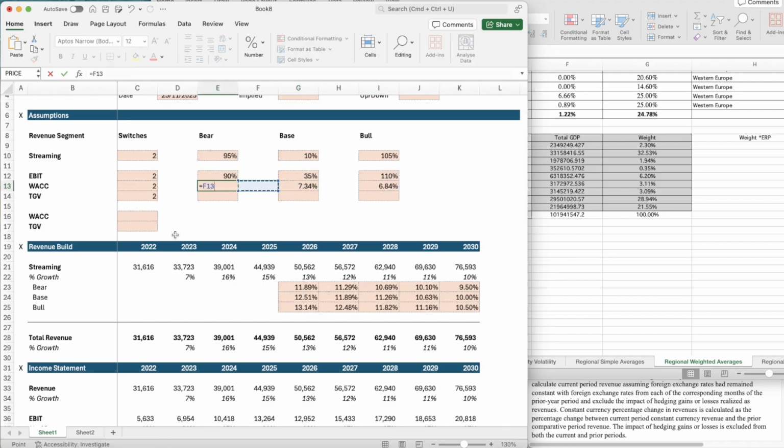For the bear, you add 0.5%. The higher the WACC, the greater the risk. Then 2.5% for the terminal growth value. For the bear, you subtract 0.5%. And for the bull, you add 0.5%.